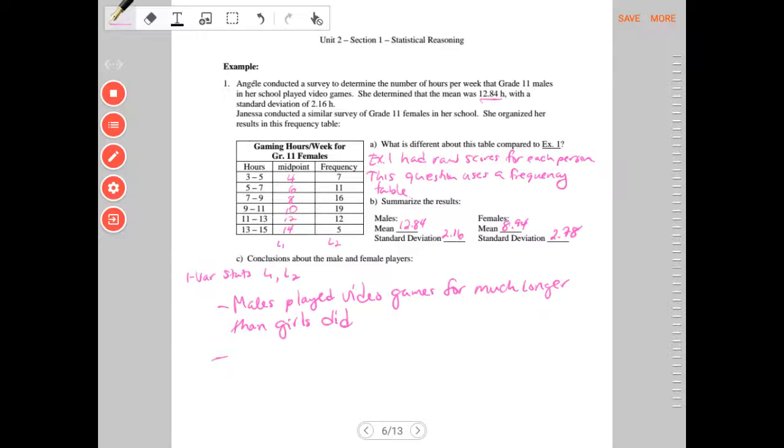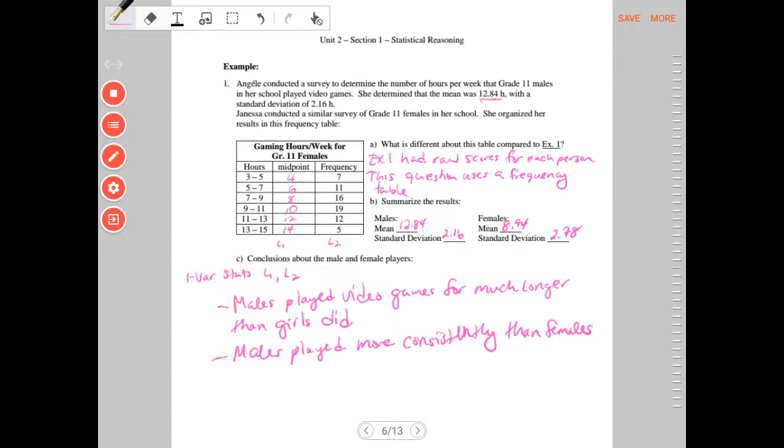Okay, and the data was more consistent. So what that means is that was more consistently played. I guess I should say males. Males played more consistently than females. Okay, good.